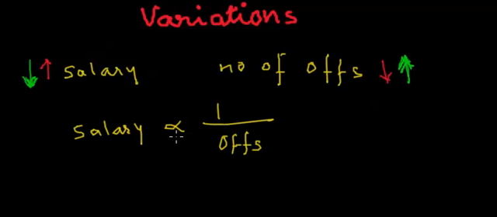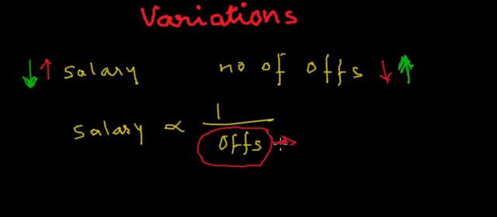This is called inversely proportional. Salary will increase if the number of offs is less, if this denominator is less. We know in any fraction, if the denominator is less, keeping the numerator same, the overall value of the fraction gets increased. So in this case, if the number of offs is less, the salary will get increased, right?